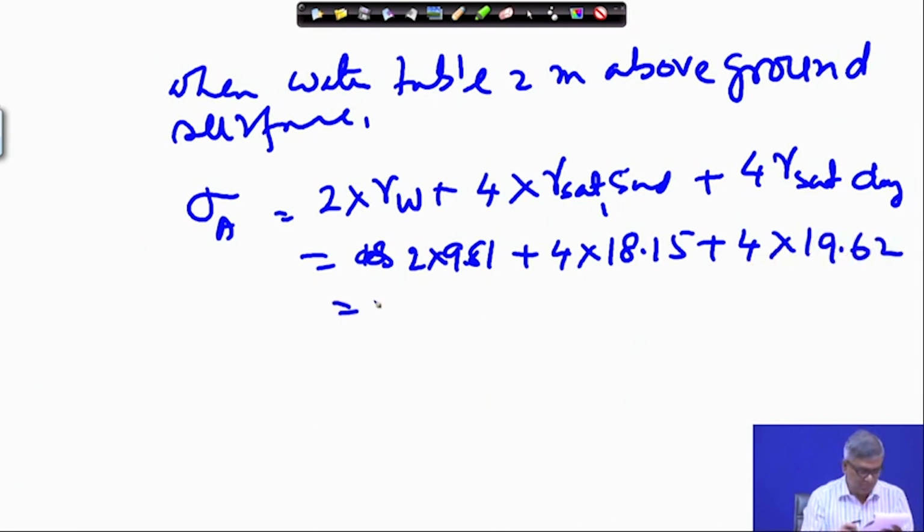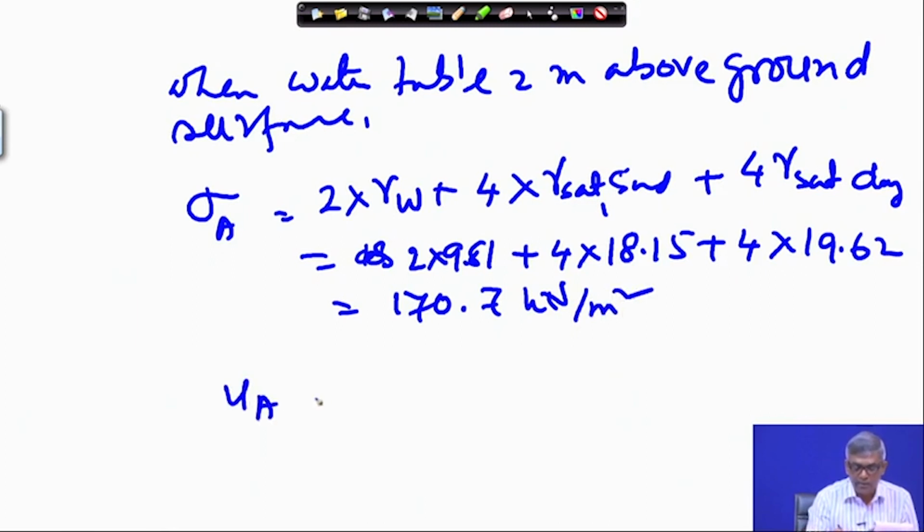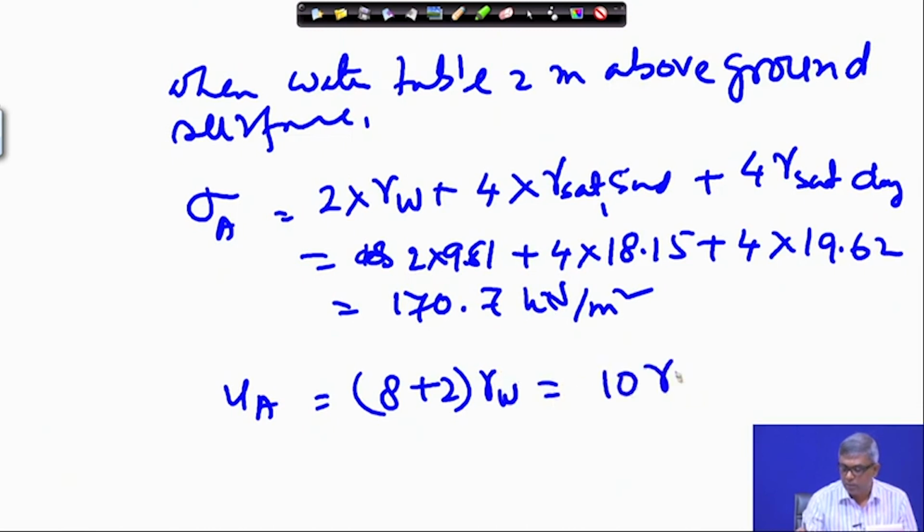So, that gives you 170.7 kilonewton per meter square. And what about U A? U A will be now 8 meter of soil plus 2 meter above, into gamma W. So, 10 into gamma W is equal to 98.1 kilonewton per meter square.